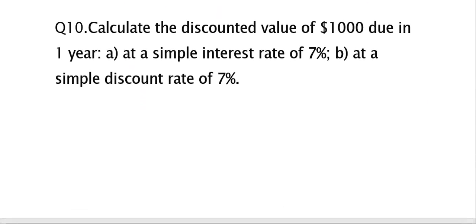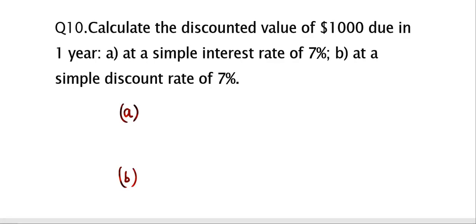Calculate the discounted value of 1000 due in 1 year at a simple interest rate and at a simple discount rate. Both are given now. Here you will get the last chance to understand. Discounted value of 1000.